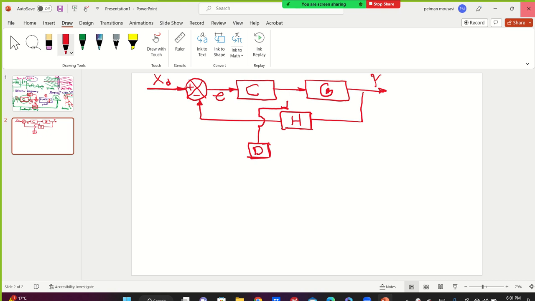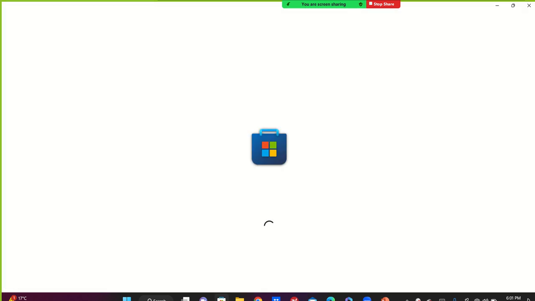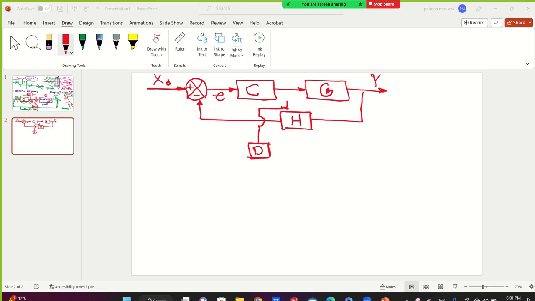This gives you U being summed with the disturbance, plus or minus plus, and this goes to the system.